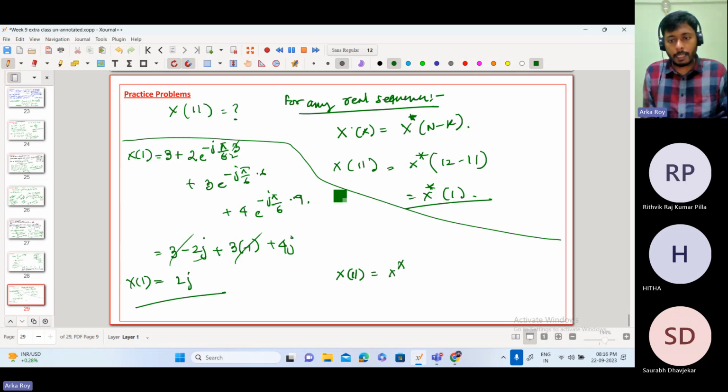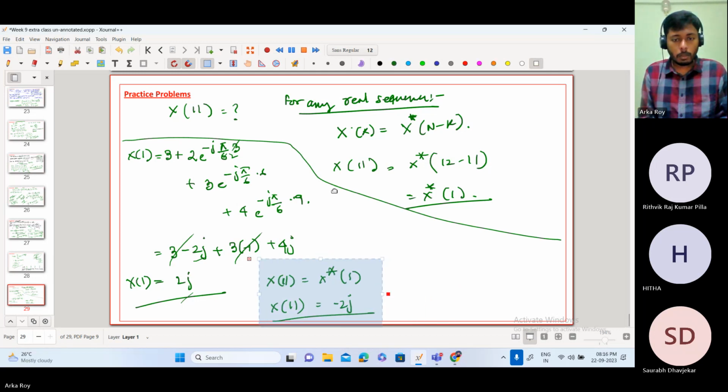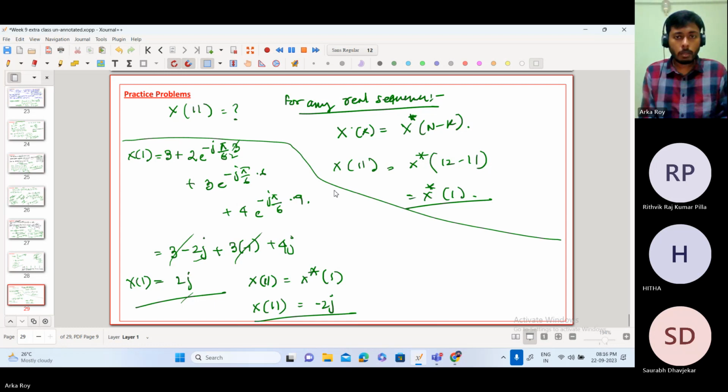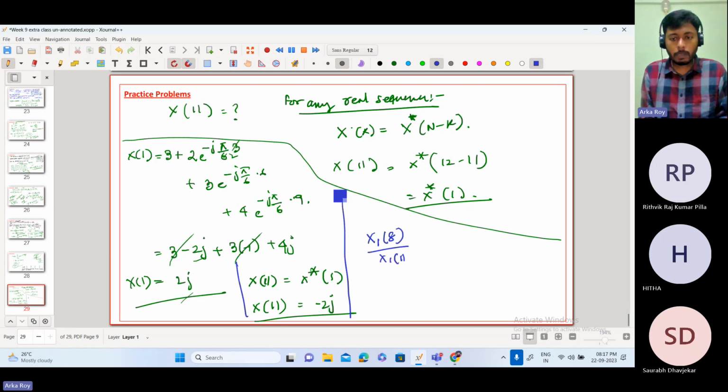So x of 11 is x star of 1, and x of 1 is given as 2j. So x star of 1 will be minus 2j. Now, what has been asked is x1 of 8 divided by x1 of 11.